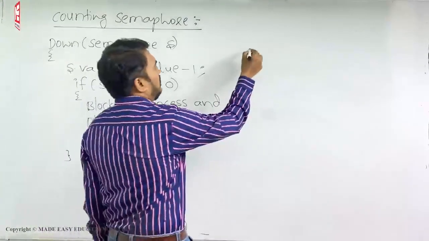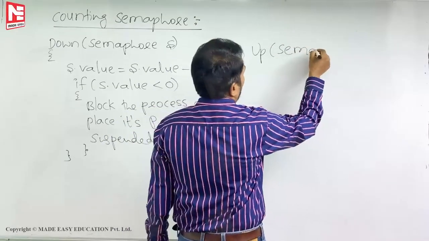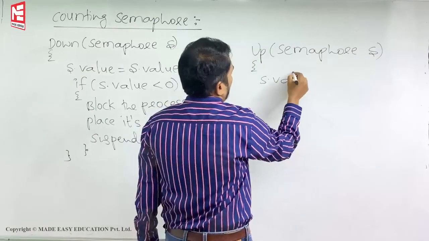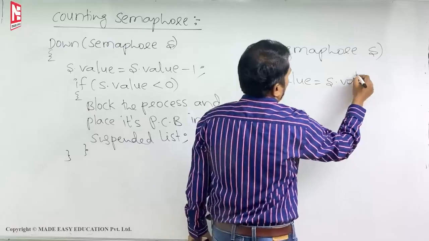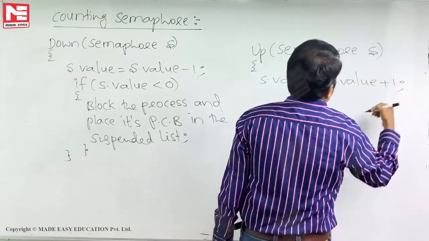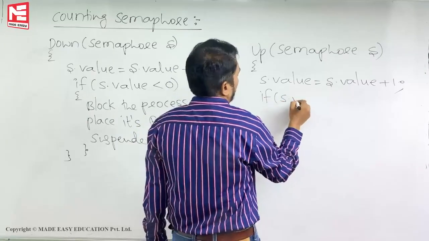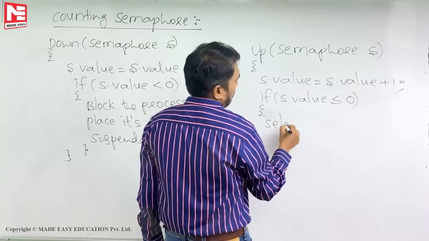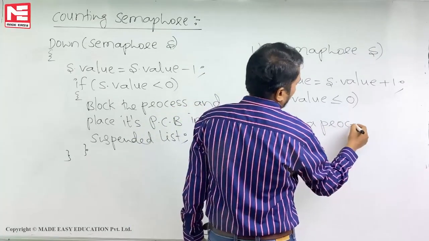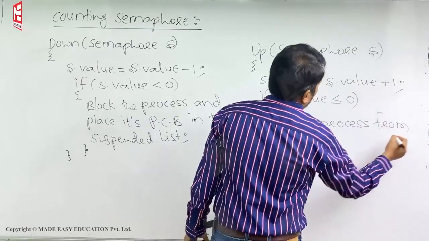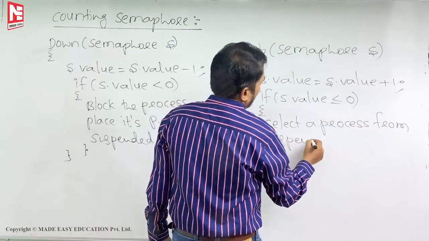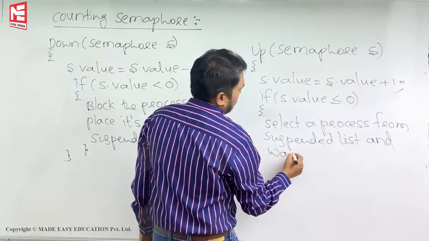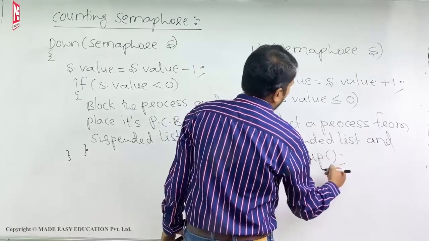Okay, understand. So that is the down operation. Next is the up operation. Copy this. s.value = s.value + 1. If s.value is less than or equal to 0, then select a process from the suspended list and wake up.